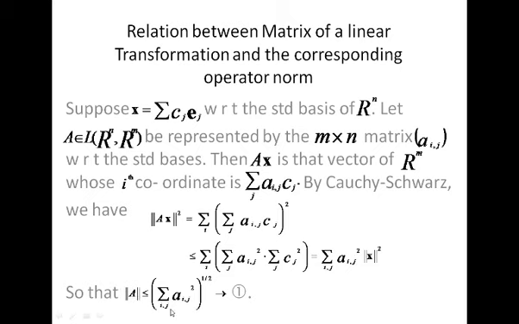Norm of Ap is less than or equal to sigma over i, j of aij of p square, whole to the power 1 by 2. Norm of Aq is less than or equal to sigma over i, j of aij of q square, whole to the power 1 by 2. So norm of Ap minus Aq is less than or equal to sigma over i, j of (aij of p minus aij of q) square, whole to the power 1 by 2.